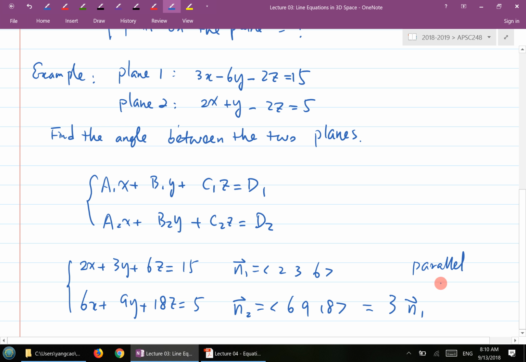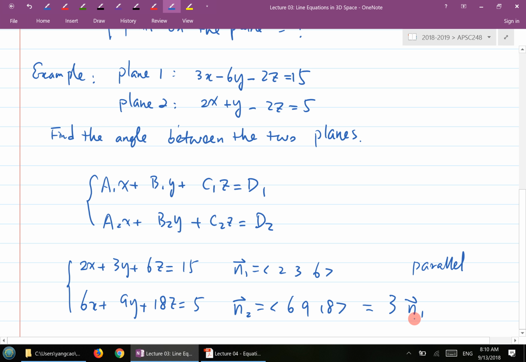Let's say they're parallel. Besides parallel, the two planes could also be what? Coincident, right? So if the two planes are coincident, then what's the other condition we have to satisfy? Let's say we find that the two normal vectors are parallel to each other.